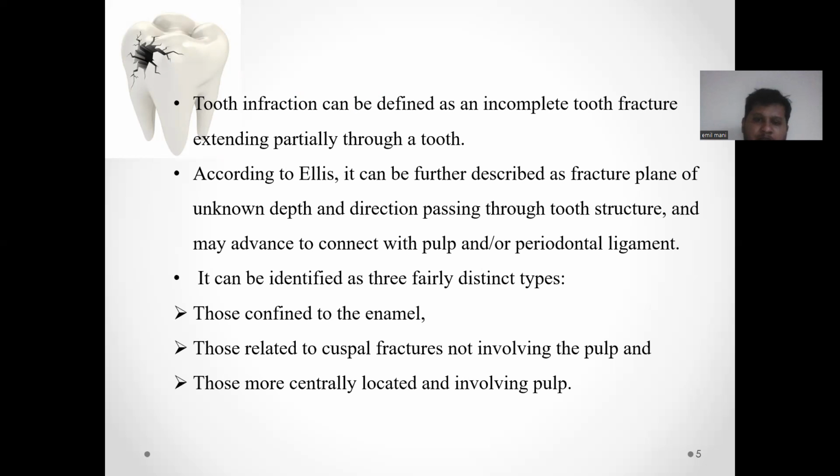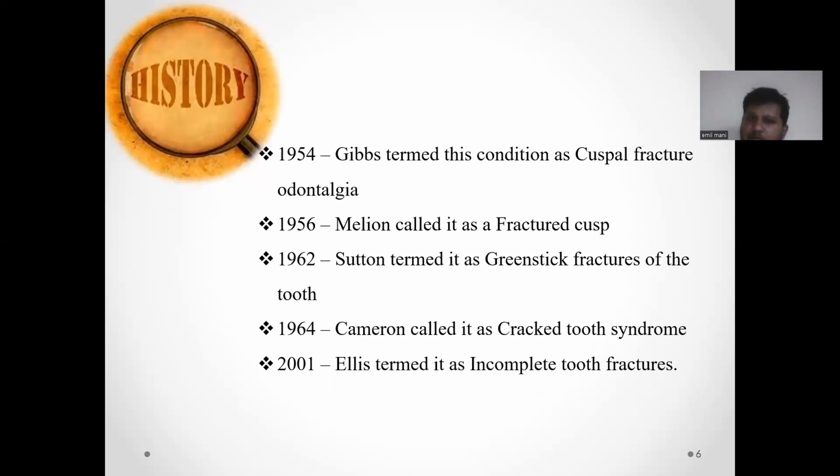It can be identified as three distinct types: those confined to the enamel, those related to cuspal fractures, and those more centrally located involving the pulp. In 1954, Gibbs termed it as cuspal fracture. Million termed it as fractured cusp, and in 1962, Sutton termed it as greenstick fracture.